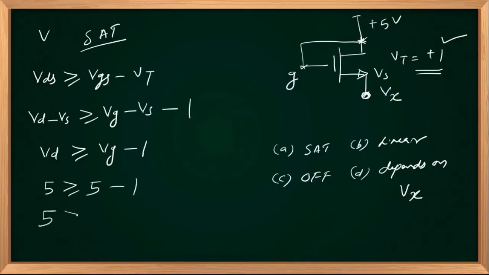Of course, all of you know that 5 is greater than 4. And this equation is satisfied, so it is independent of the source voltage Vx. But you should identify that if Vx equals 5, what will be your answer?